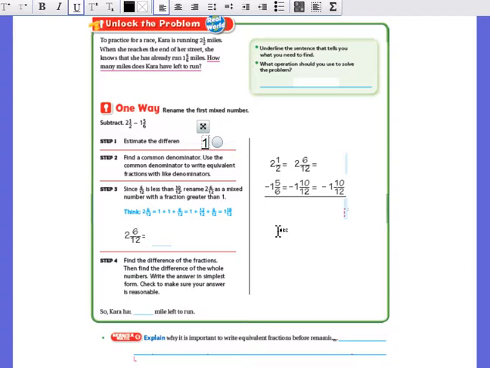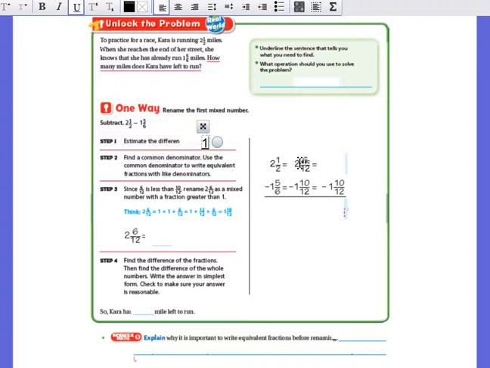Not sure why they did that, but so then we have to rechange this. So 2 times what got me to 12? 2 times 6, so 1 times 6. So now I have 2 and 6 12ths. And if I do this one, I would do 1, 6 times 2. So now I have 1 and 10 12ths.